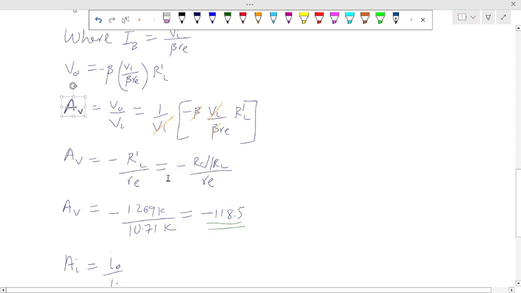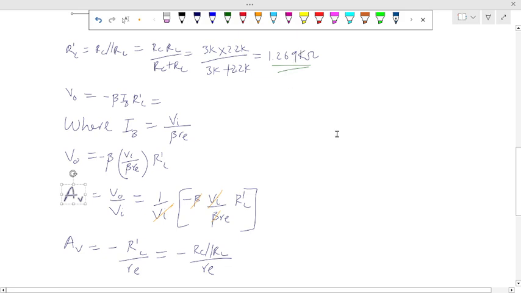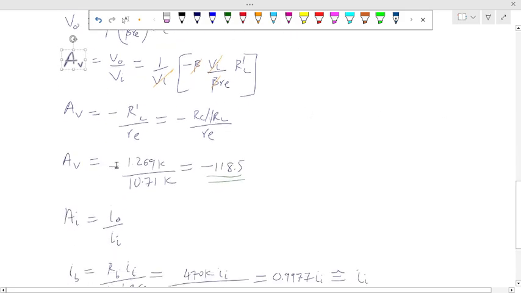And then we've calculated this value already, which is this. We've calculated it right here, so you just substitute that in, you have this value divided by RE. We've calculated it already in the previous slide. I said we are using the same example, so the values are the same. So this divider gave you this value, same as with the two-port network pattern. Same value, I mean. Then the current gain, this over this.